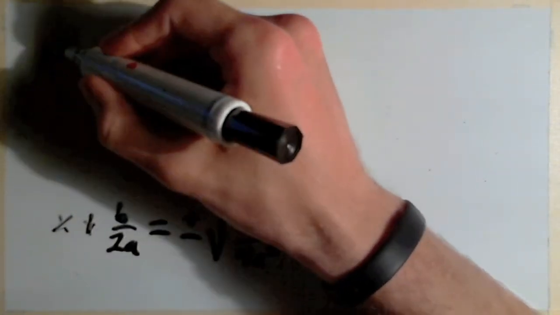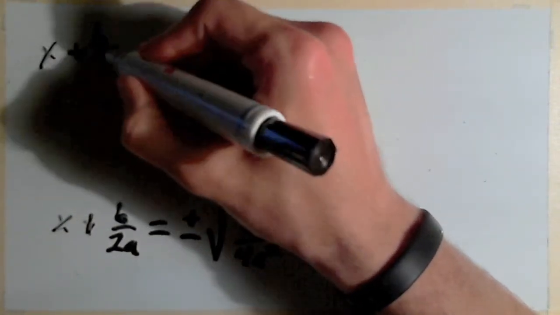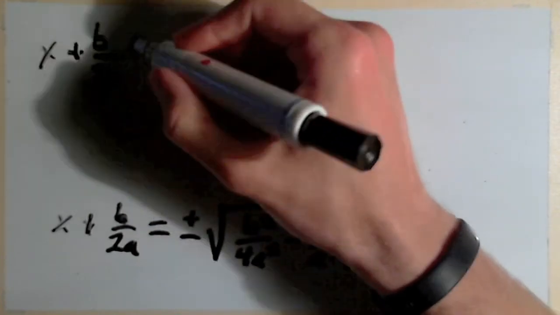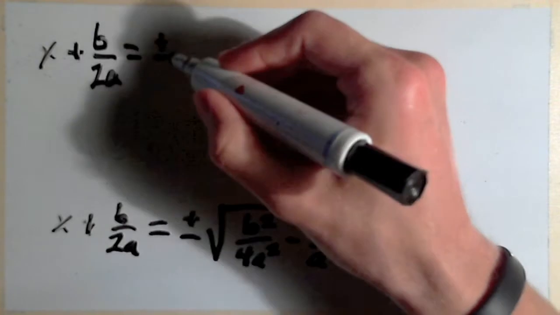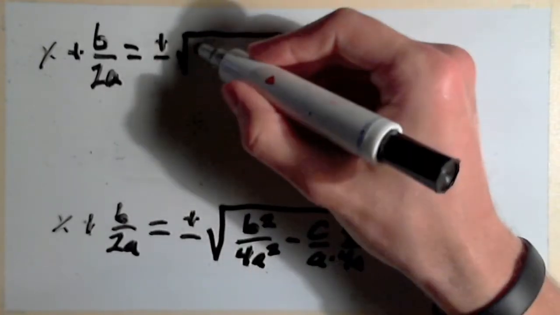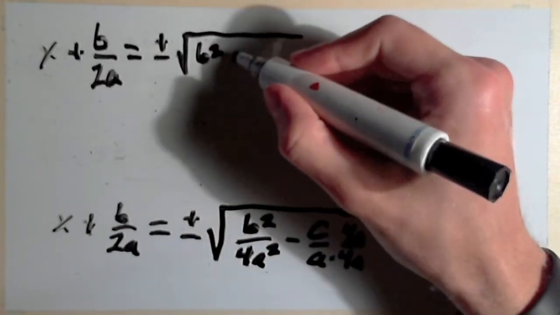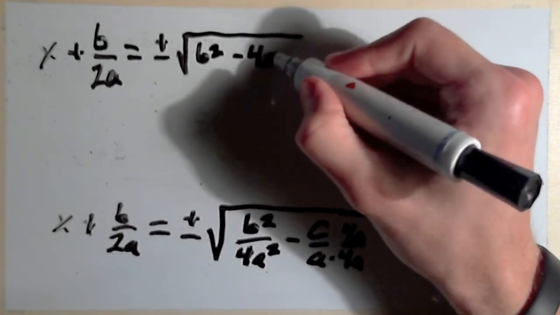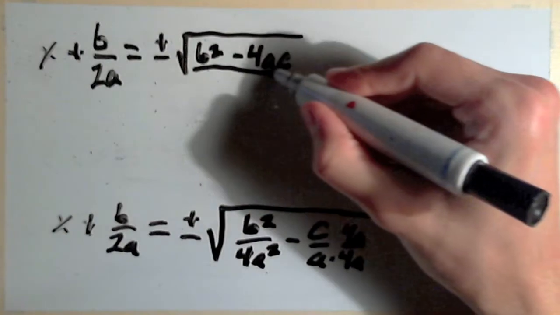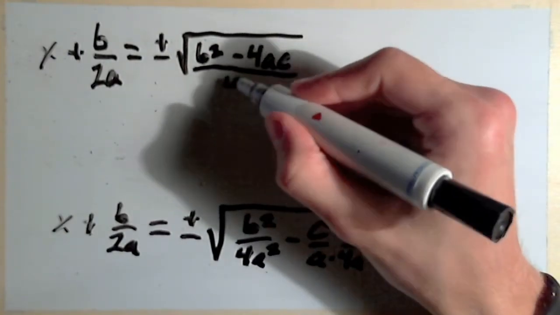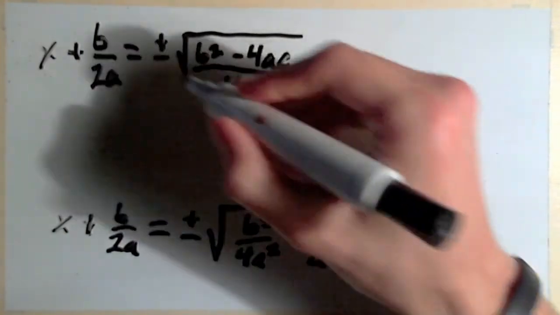We'll have x plus b over 2a is equal to plus or minus the square root of b squared minus 4ac over 4a squared.